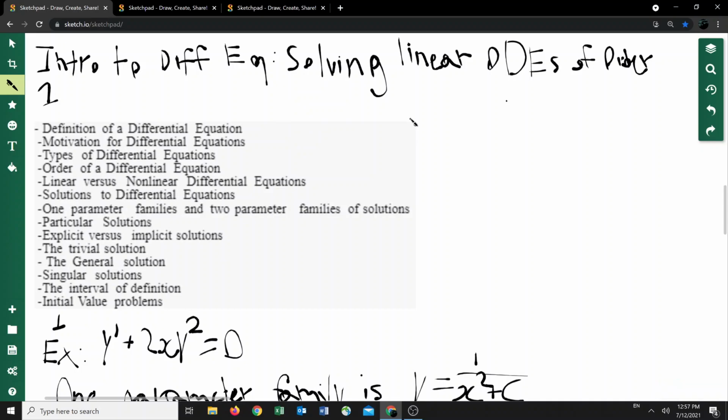Differential equations are all about modeling things, like modeling fluid flows, modeling the motion of a pendulum, all things like that. They have heavy applications in thermodynamics and even climate change, so modeling climate patterns. So differential equations have a lot of applications.